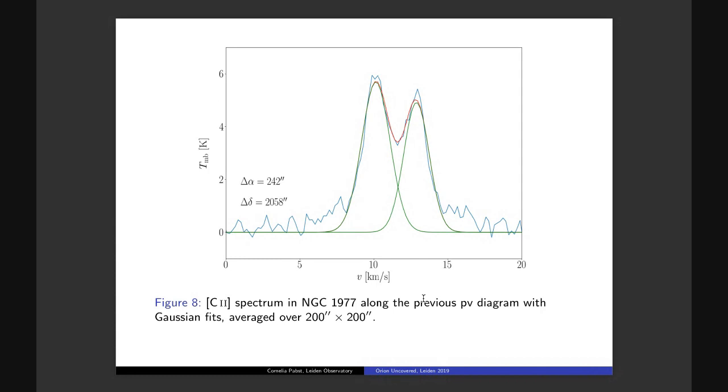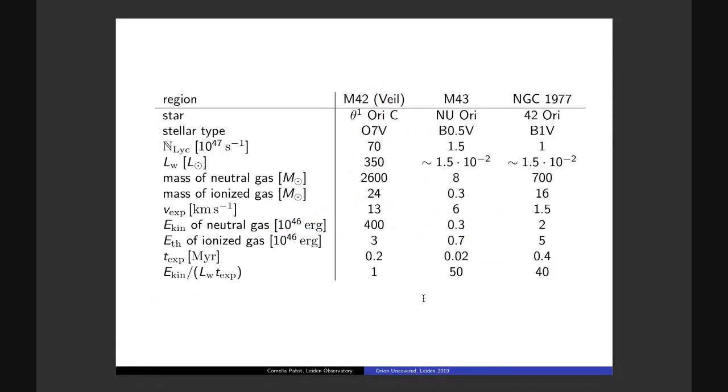We also tried to think about what actually causes these bubbles and expansions. We think the large scale expansion of the Orion Nebula, the veil, is driven by the stellar wind, while the other two are thermally expanding HII regions. So we compared the wind luminosities.